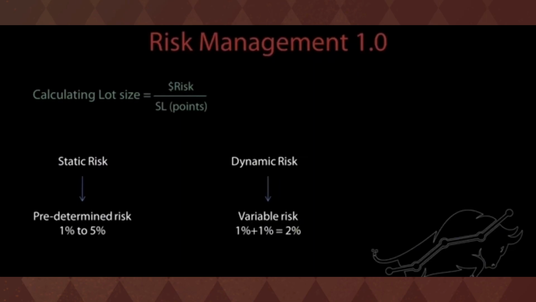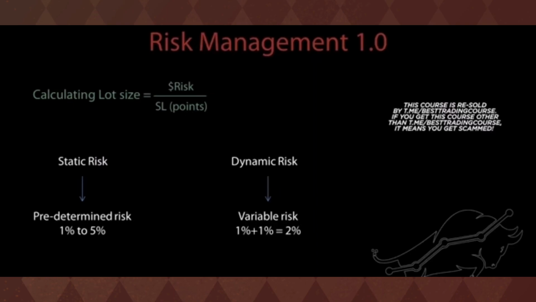Let's say someone wants to use 1% per trade, or 2% per trade. They say, I'm going to enter a position, but I'm only going to use 1%, or only 2%, on one position, and that's my plan.